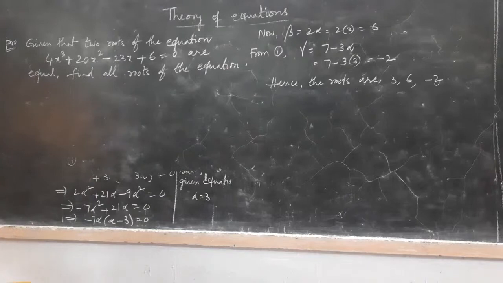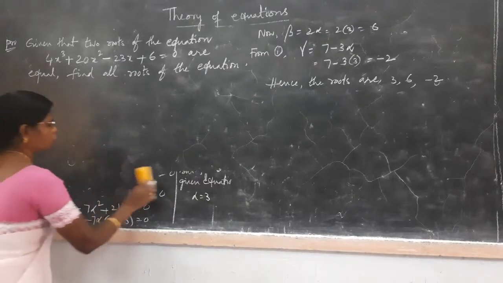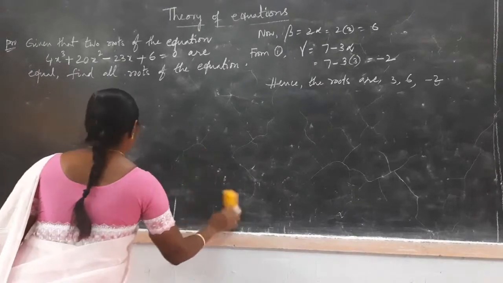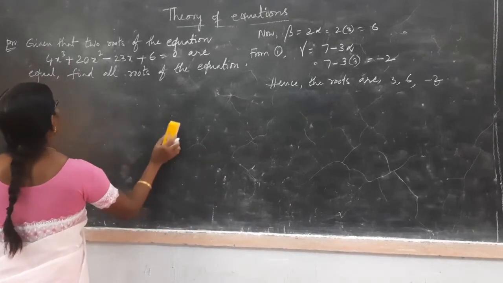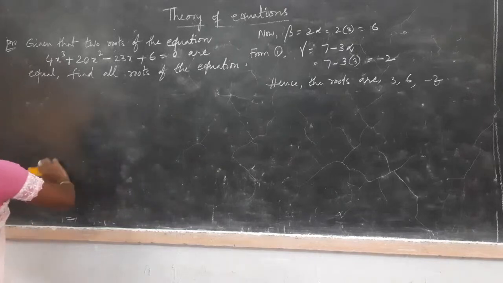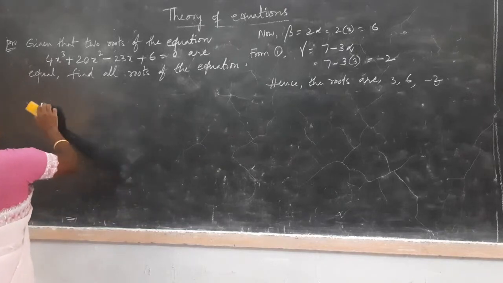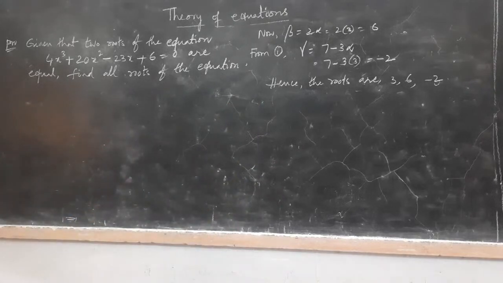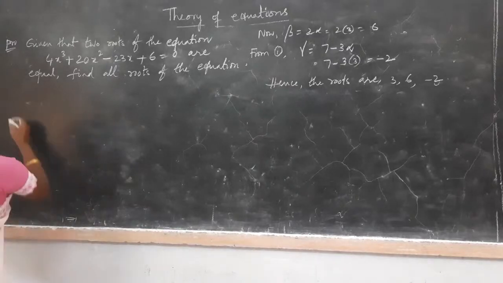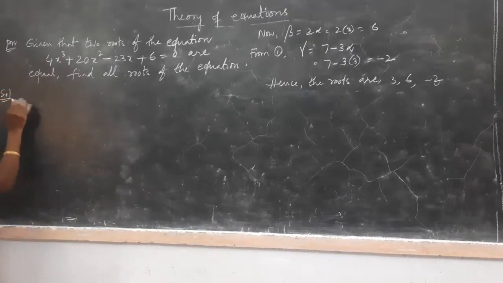So observe, our given polynomial equation is a cubic polynomial equation. They have given a relation. What is the relation? Two roots of the equation are equal. Find all roots of the given equation. We will solve like this.